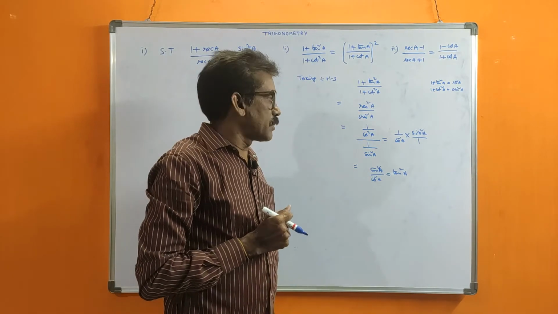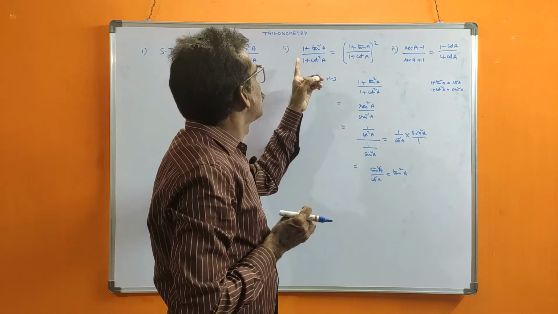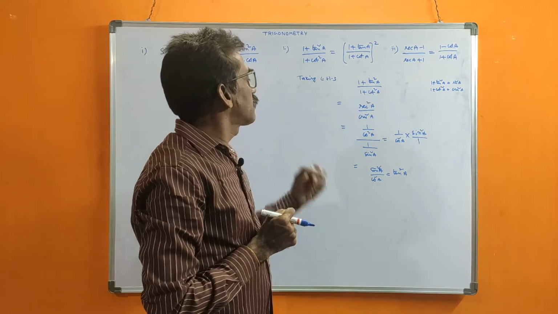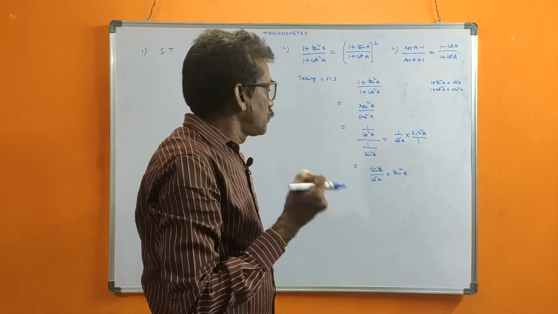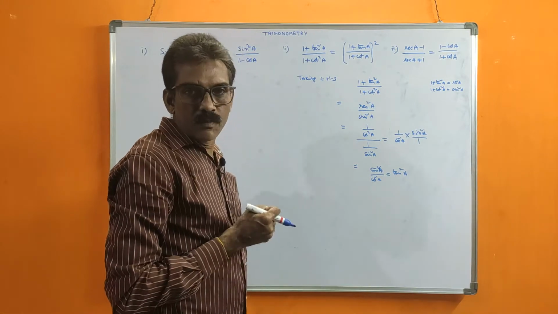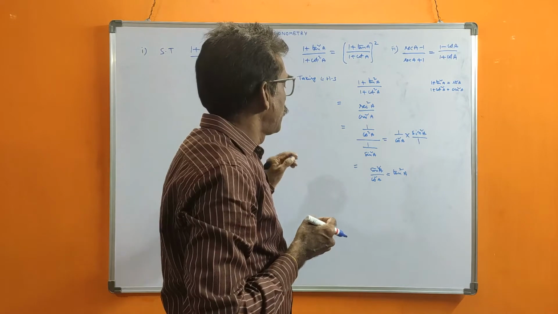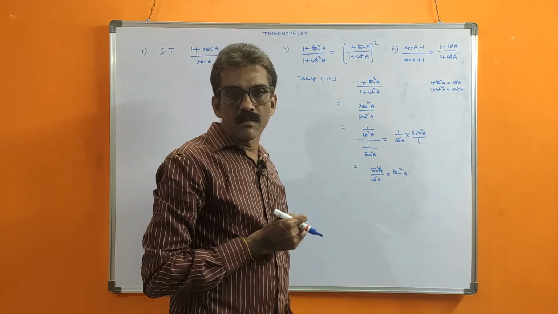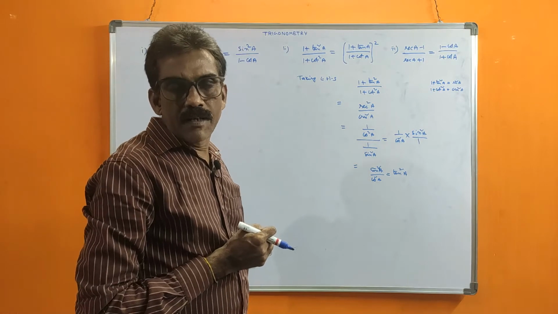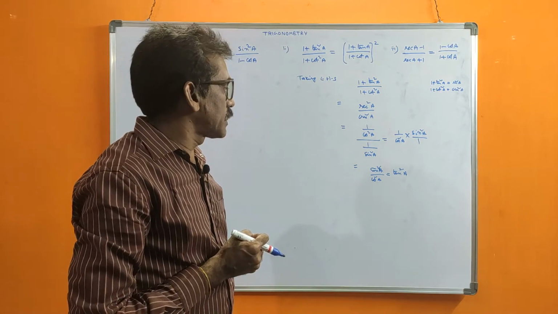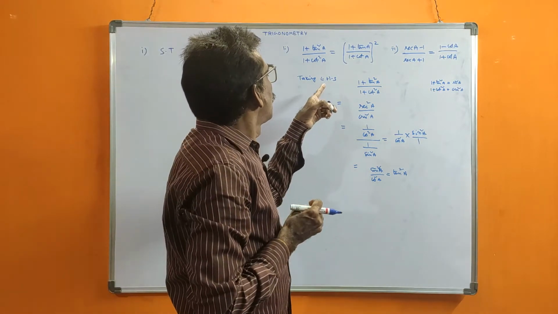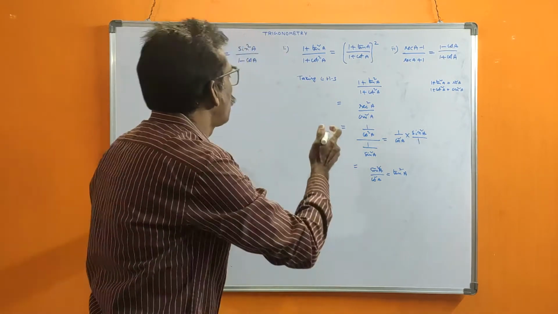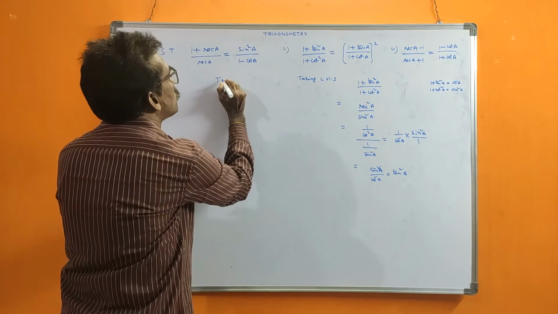Sometimes RHS is directly not equal to LHS, so we simplify both, and if the simplified answers on the left hand side and right hand side are equal, then LHS is equal to RHS. We simplified the LHS, its answer is tan square A. Leave it off. Now we will take RHS and simplify.